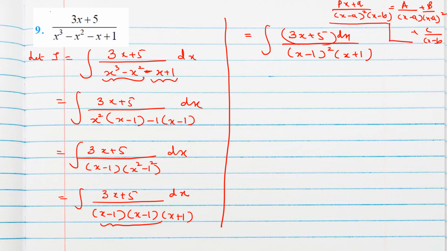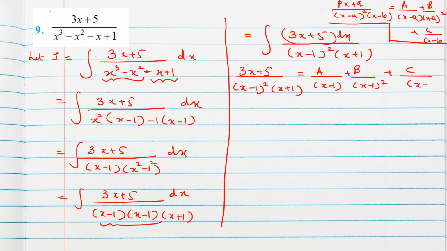This will be the form. So we will write 3x plus 5 divided by x minus 1 square x plus 1 as a by x minus 1, b by x minus 1 square, c by x plus 1. What will be the LCM? LCM will be x minus 1 square into x plus 1.